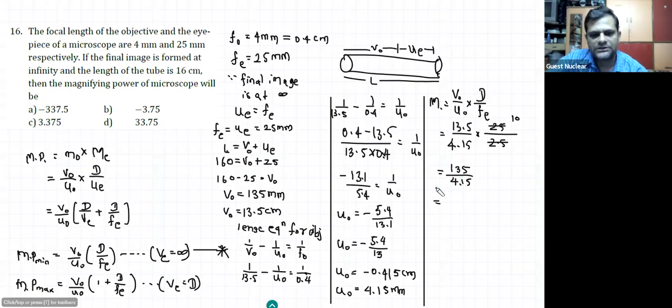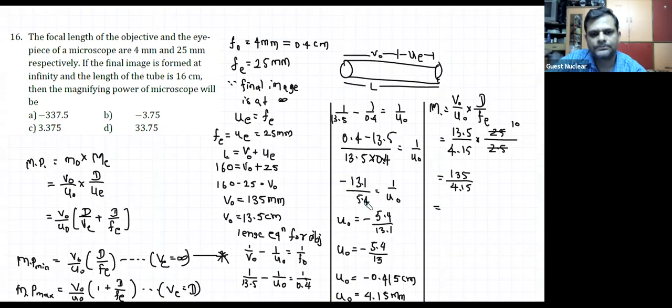But we can even check by using the calculator. 135 divided by 4.15. Yes, 32 is coming, but it's okay.